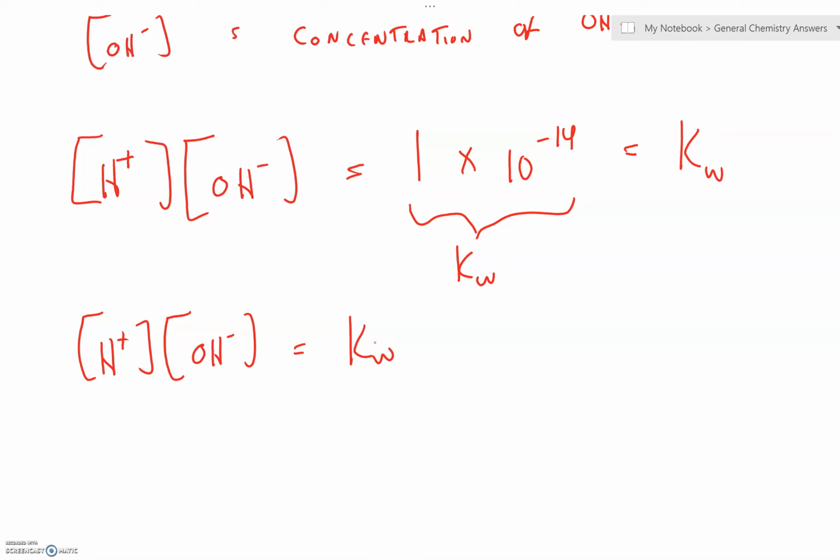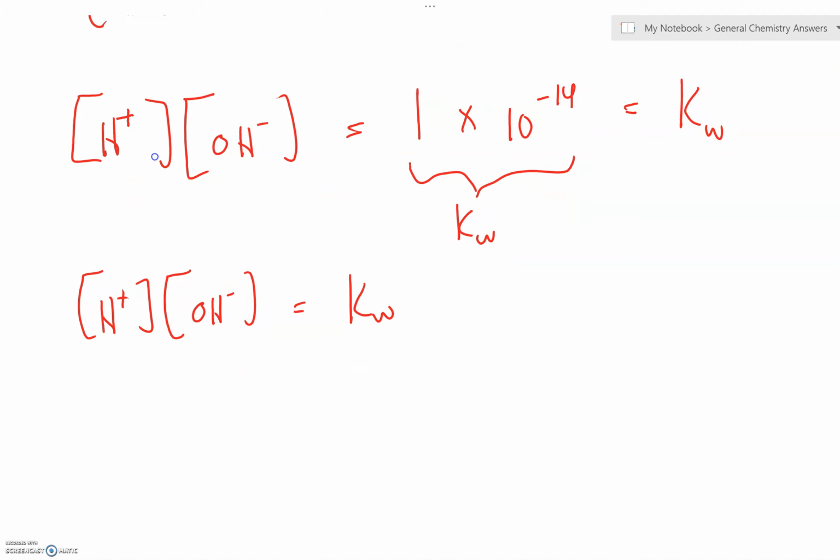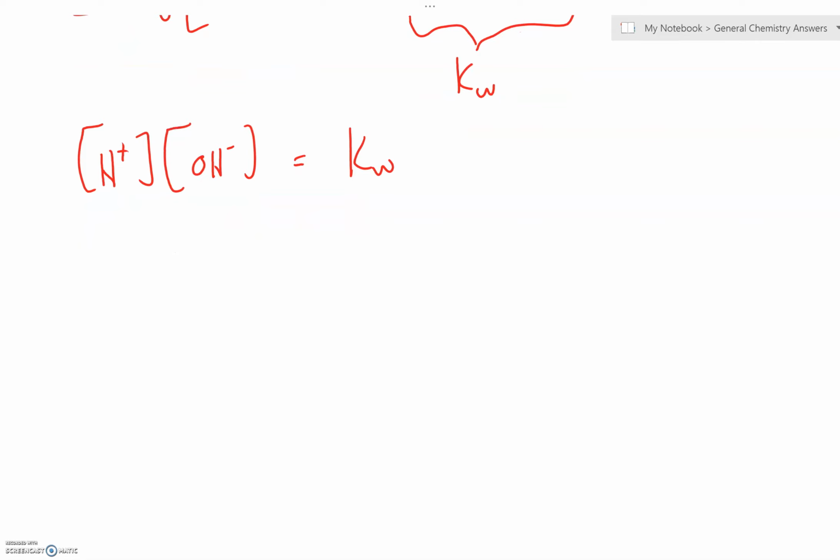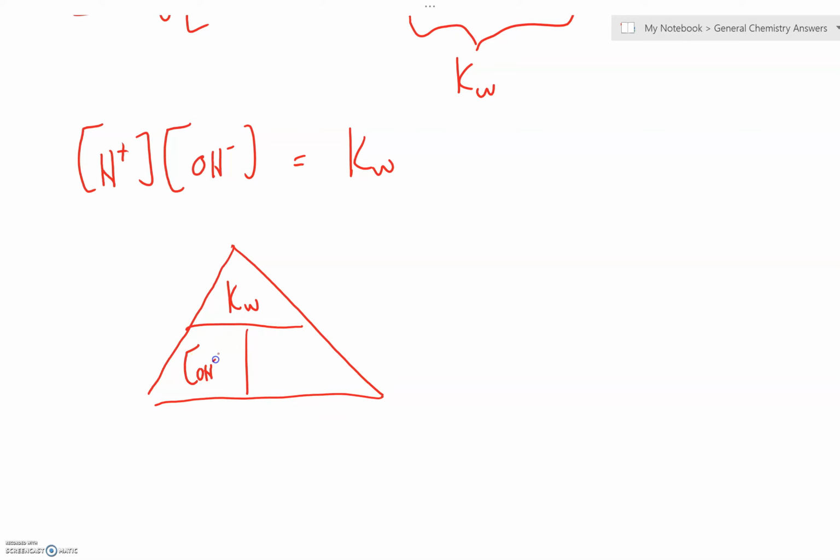This is one of those 3 variable equations that we've used many, many times before, which means we can put it into one of these triangles, well, you guys know. So it doesn't really matter what the order is. Here's what this means.